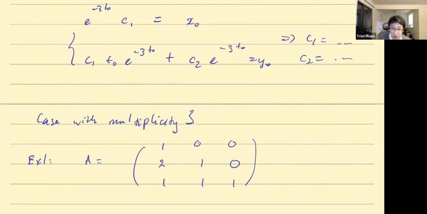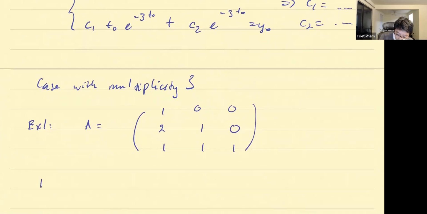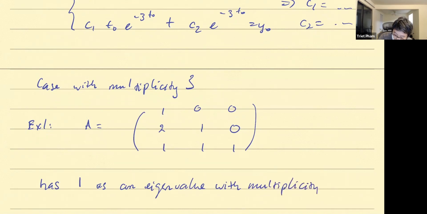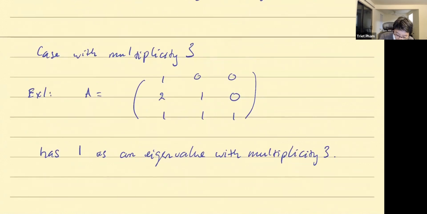I'll just recap, all right? This one has 1 as an eigenvalue with multiplicity 3. But on the other hand, it only has one eigenvector, v1.